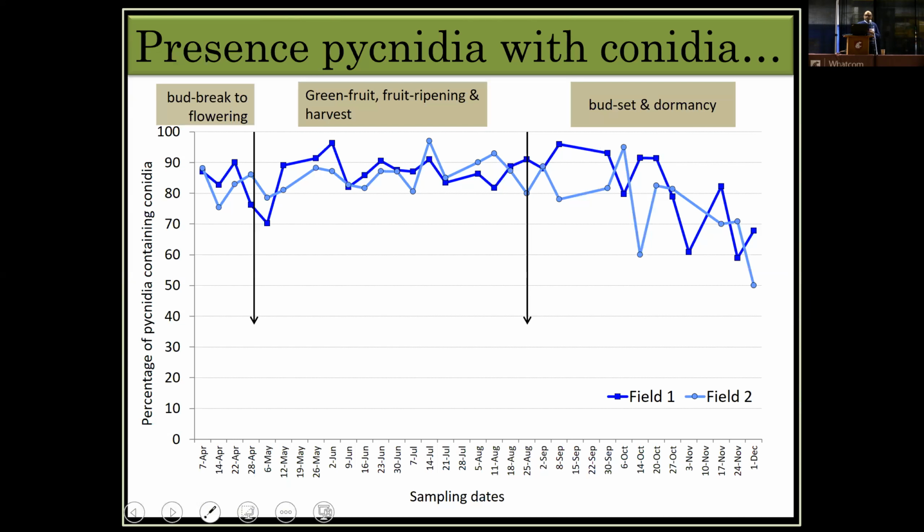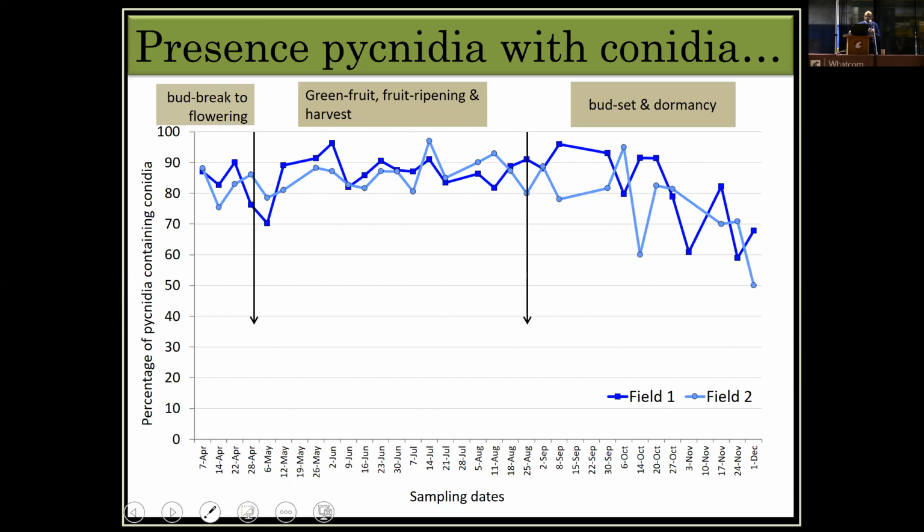With the percentage of Pycnidia having conidia, there's not much difference. Most of the Pycnidia we examined contained conidia. However, towards the end of the season, we can see a slight decrease, with only about 50% of the Pycnidia containing these spores, conidia.